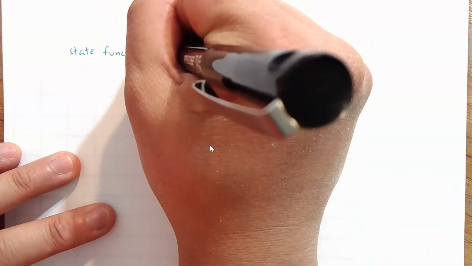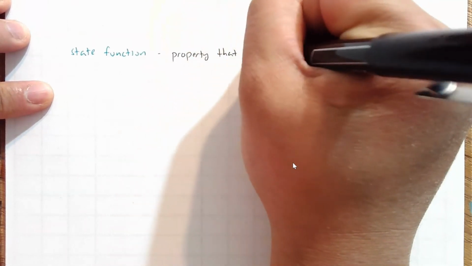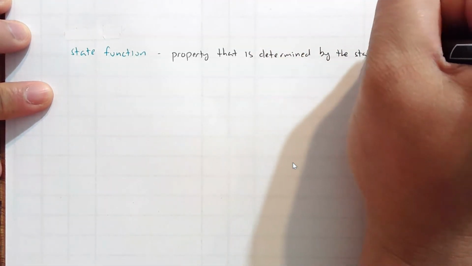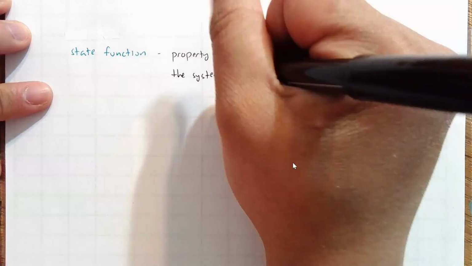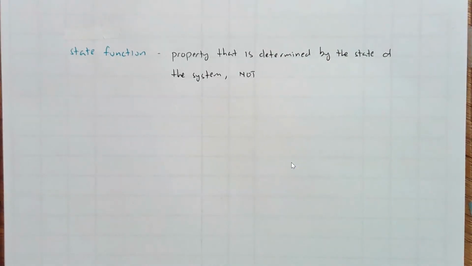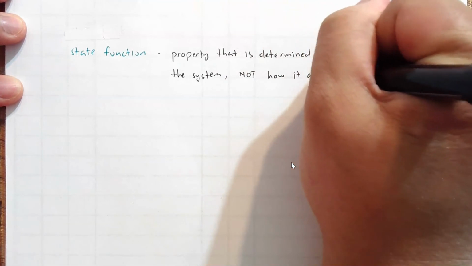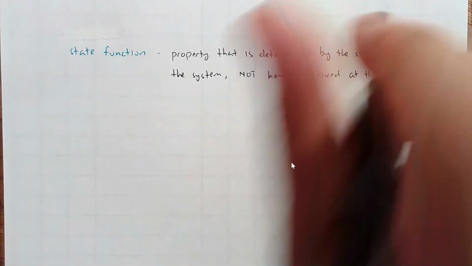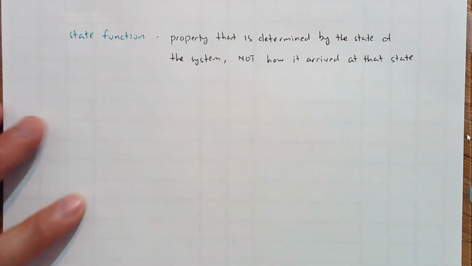It's a property that is determined by the state of the system, not how the system arrived at that state. Kind of a weird definition.